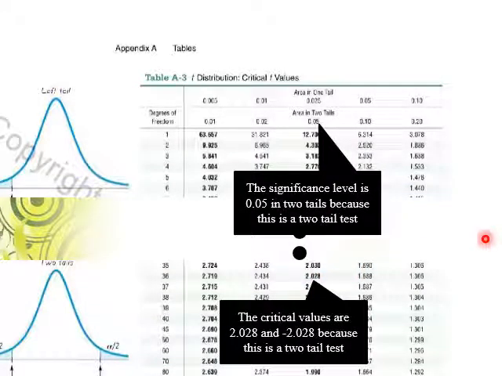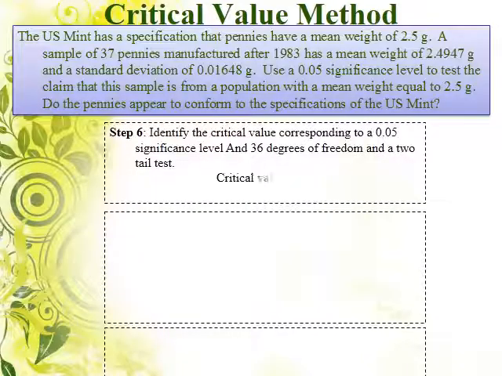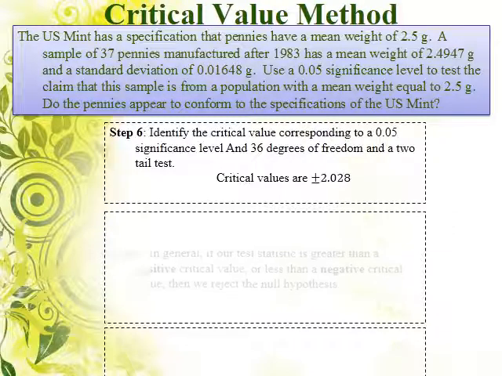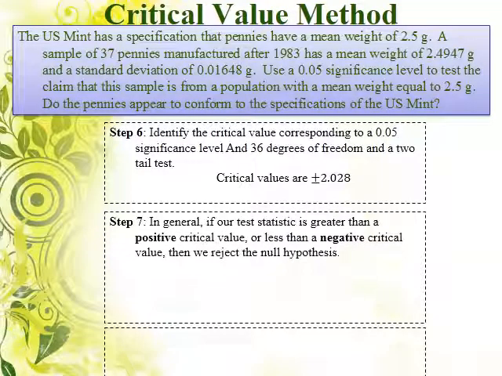Since this is a two-tailed test, however, we also need to consider the negative 2.028 case. We found our critical values to be plus and minus 2.028. So in comparing this test statistic to these critical values, in general, if our test statistic is greater than the positive critical value or less than the negative critical value, then we'll reject the null hypothesis.